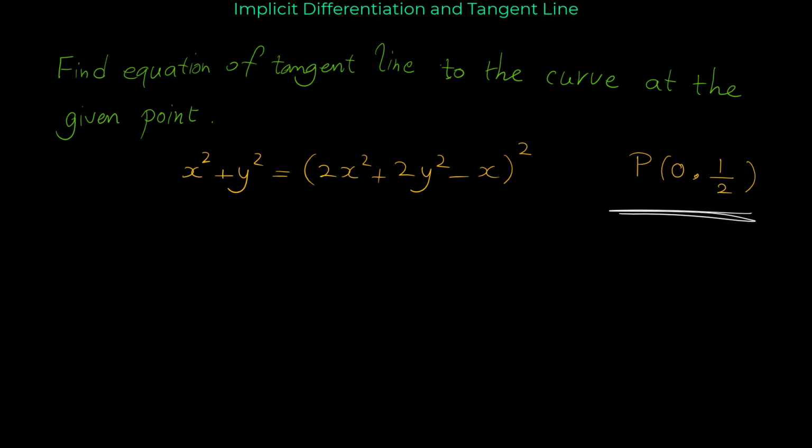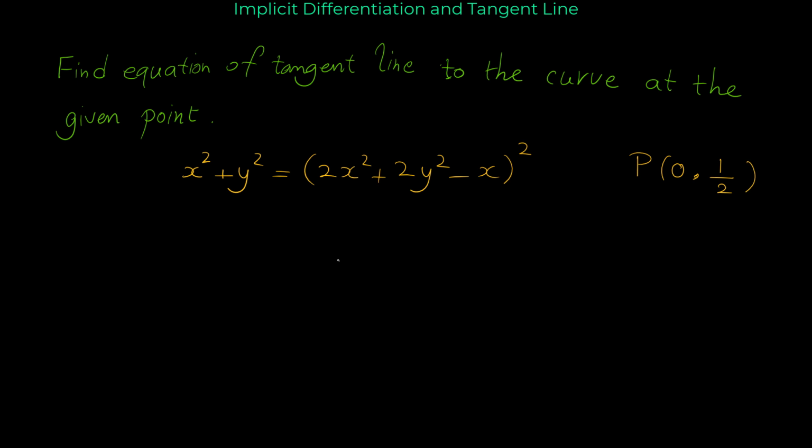But we know that the slope of the tangent line is the derivative of the function, dy over dx or y prime. So we use the implicit differentiation method for finding the derivative of this. If you remember, for finding the derivative with the implicit differentiation method, we take the derivative of both sides of the equation with respect to x.